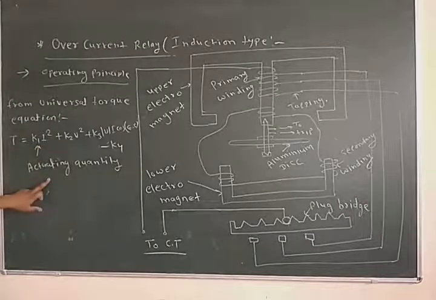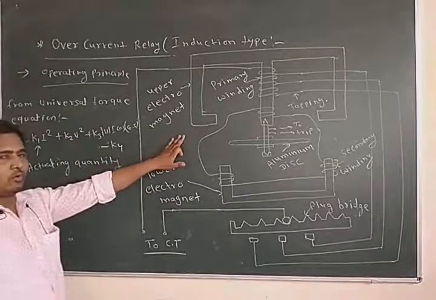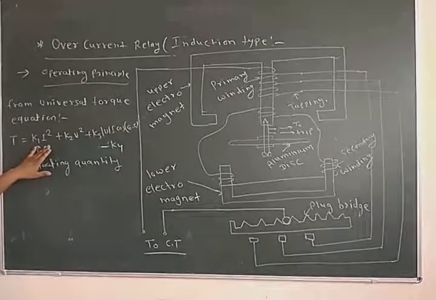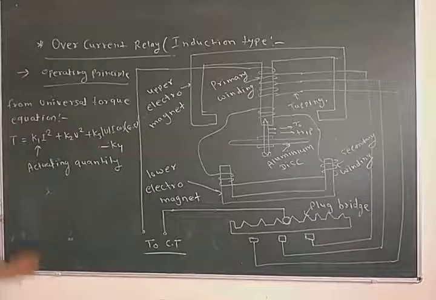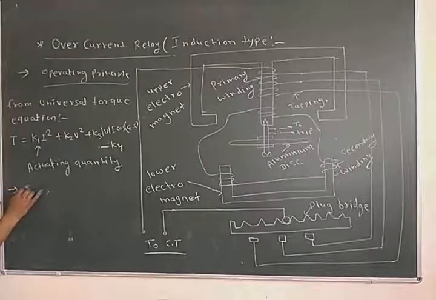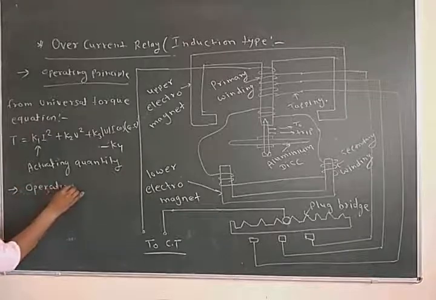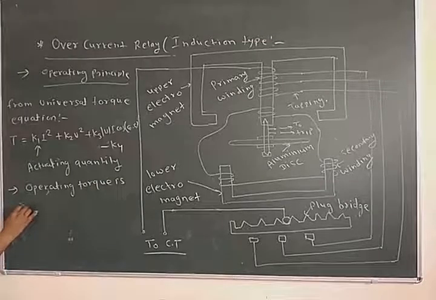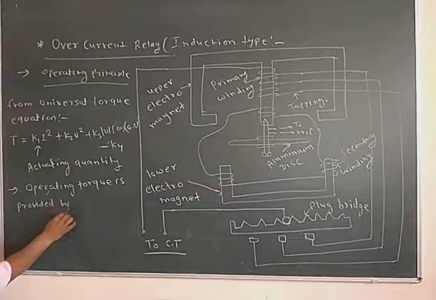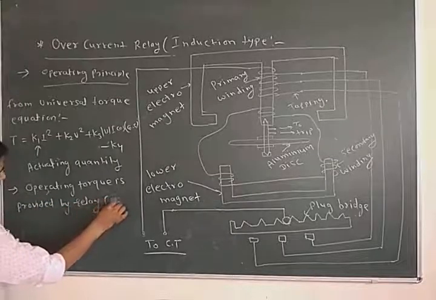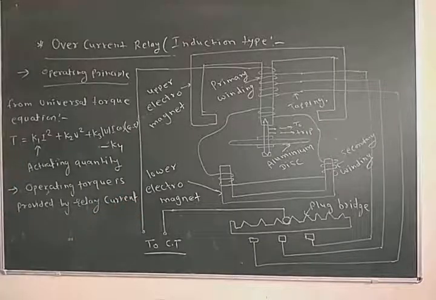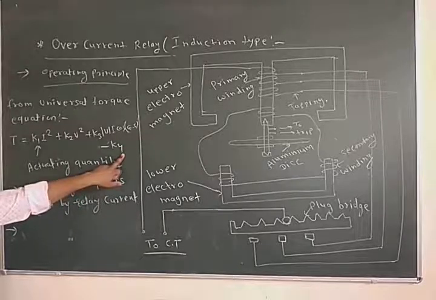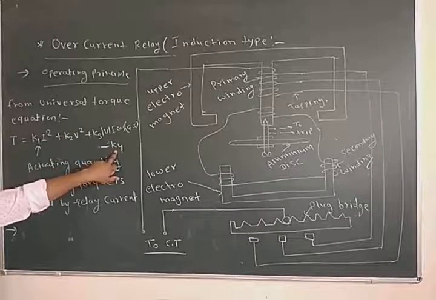So operating torque is produced by the current, or we can say operating torque in the induction type overcurrent relay is directly proportional to the square of current, and restraining torque is provided by the spring. So here we use the spring constant, that is K4.